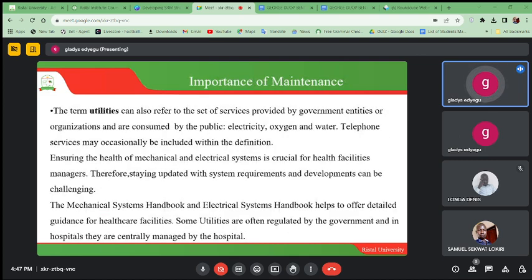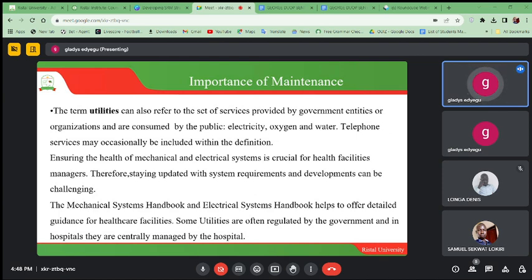So I want to say that there are also very many importances of us maintaining these utilities. The term utilities can also be referred to as a set of services that are provided by the government, entities, or organizations. Because we don't find power or water only in hospitals, but we also find water and power in people's homes and in different industries and other organizations besides hospitals.